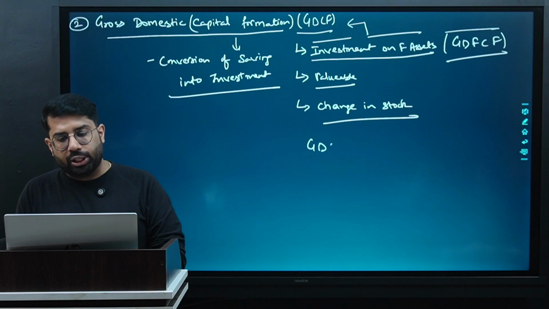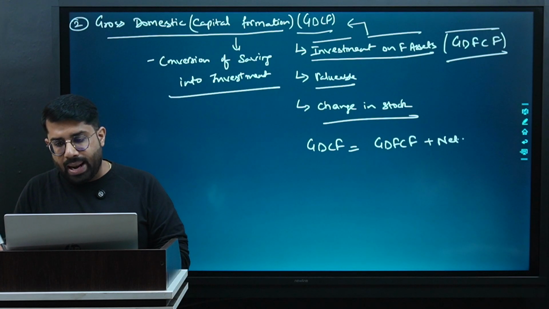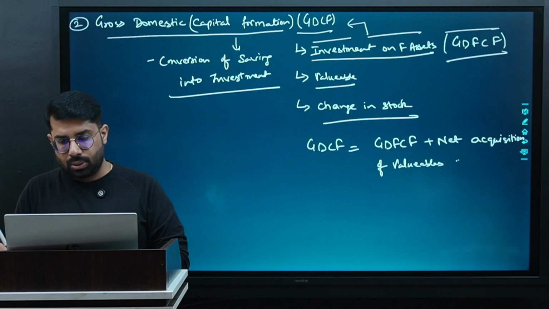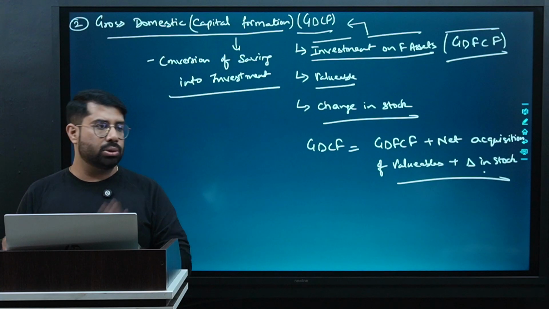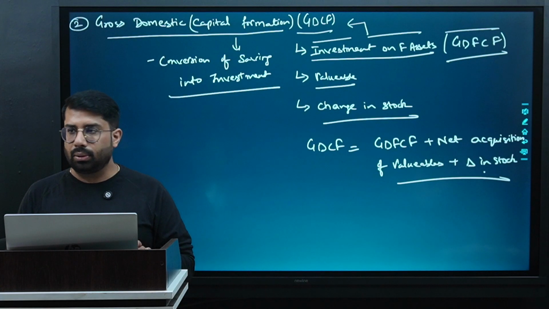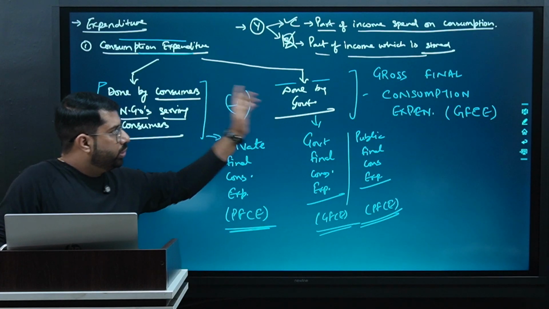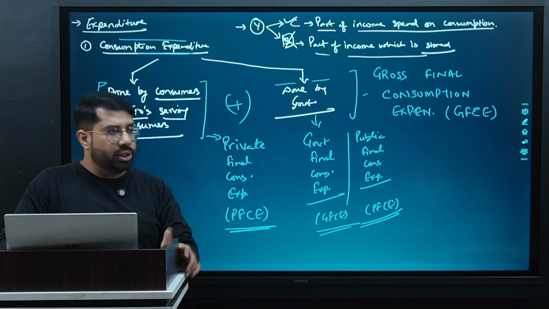So, technically GDCF will be equal to what? GDFCF plus net acquisition of valuables plus change in stock. Are you clear? So the first element is consumption expenditure, which is gross final consumption expenditure, you can simply say GFCE.